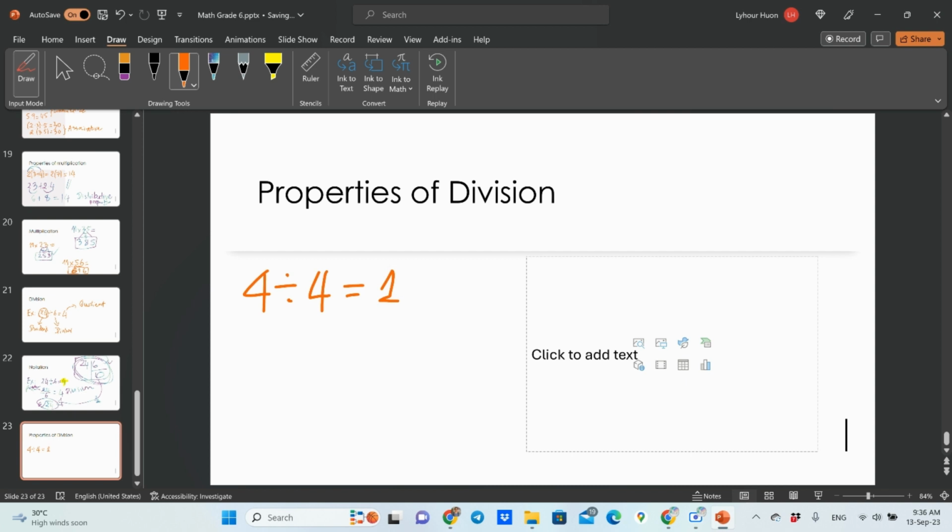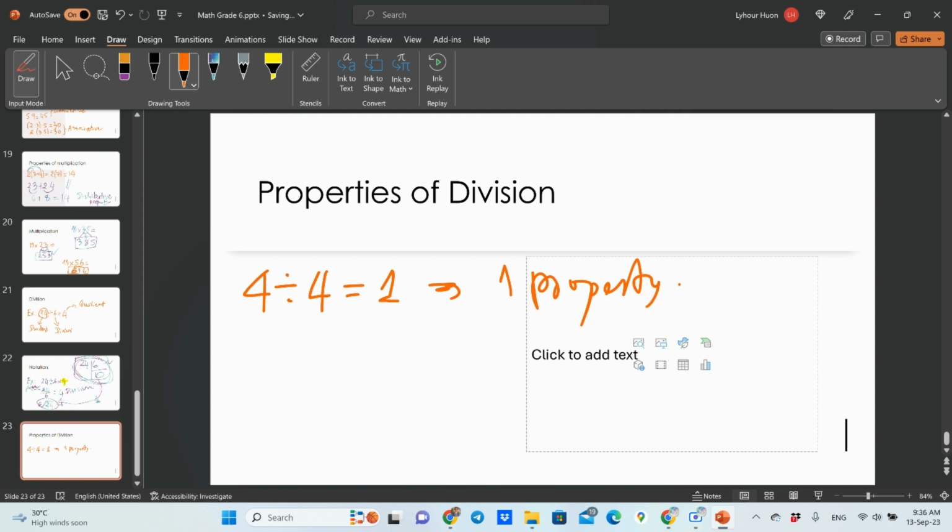So any number divided by itself is 1. That is called the one property.